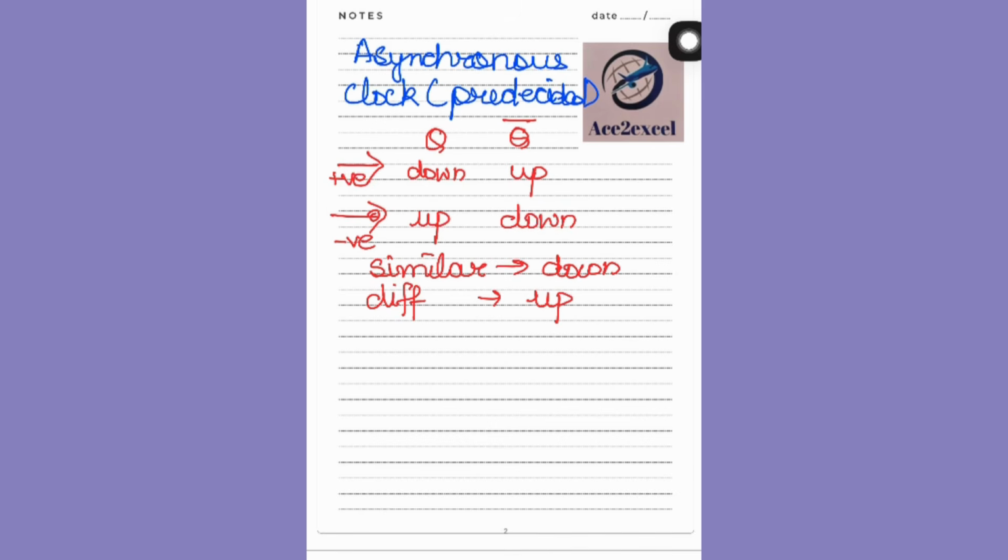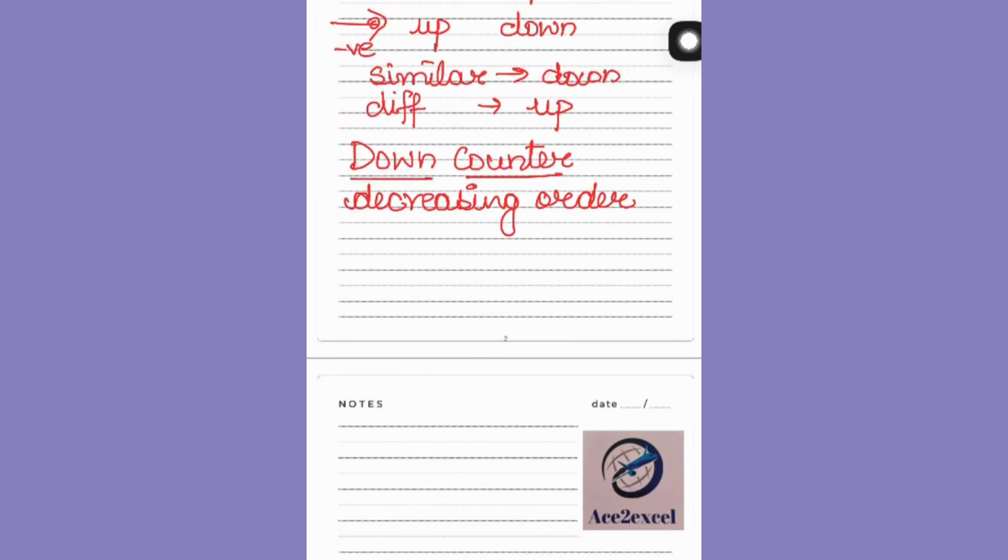Now, the type of counter we are going to talk about in today's class is down counter. Down counter means the counter which works in decreasing order, n-1 to 0. If it is 2-bit asynchronous down counter, number of states will be 2 raised to power 2, 4.